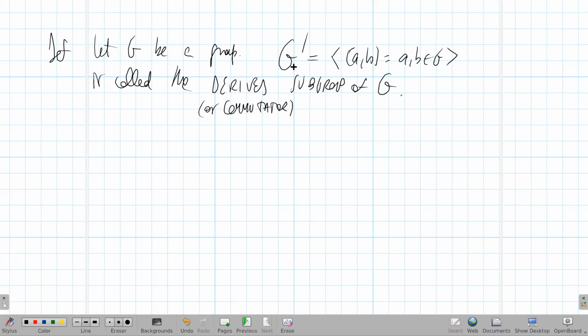In general, G prime won't consist only of commutators, but it has been proved in 2010, so it's a very recent fact, and the article is mentioned in the notes, that if G is a finite simple group, then G prime, which in principle is just generated by commutators, so not all elements need be commutators, is indeed the set of commutators.